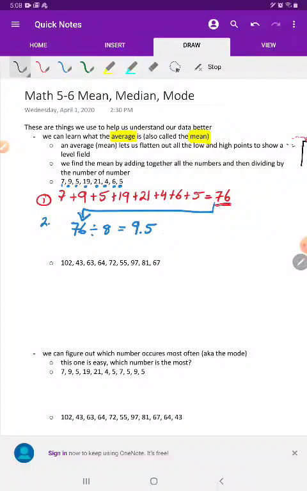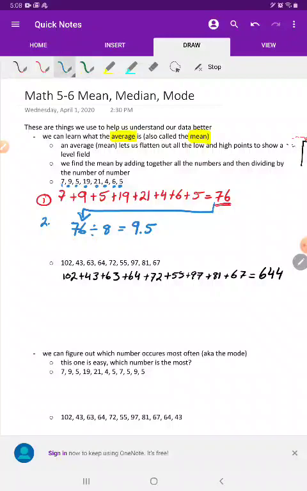All right, now let's go down to this one right here. This is another example of adding it all together. So in this case, I go 102 plus 43 plus 63 plus 64 plus 72 plus 55 plus 97 plus 81 plus 67. See how I added in every single number there? The answer to that, when I do all the math, is 644.